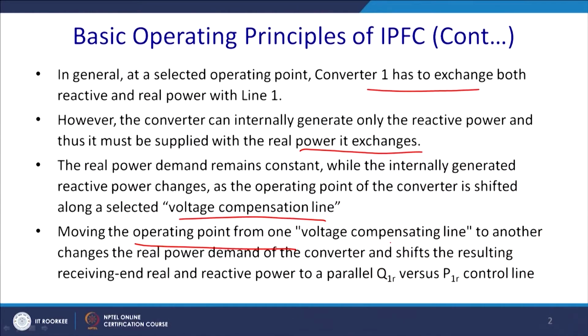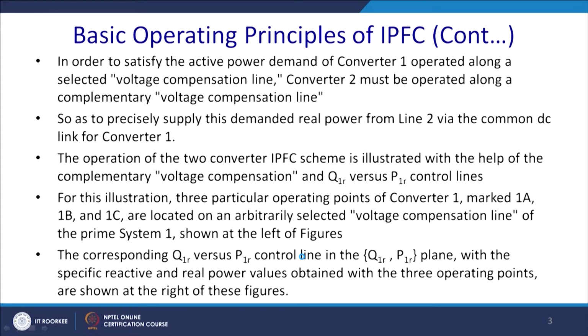Moving from one operating point to another operating point of the line changes the real power demand of the converter and shifts the resulting receiving end real and reactive power in the parallel line, P1 as well as Q1 of the control line. So, that is what we have understood. You have a chord, this is the line where there is no compensation, you go above.